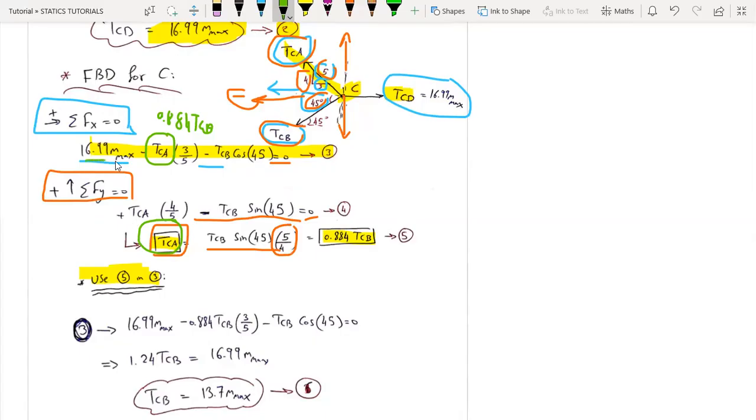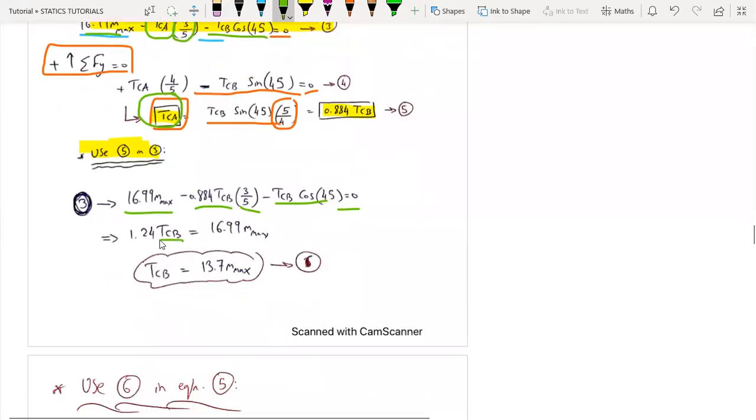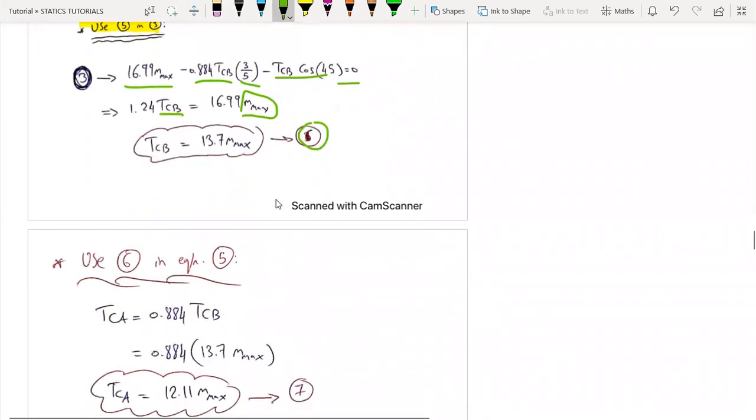So we have 16.99 M maximum minus 0.884 TCB multiplied by this ratio 3 over 5 minus TCB cosine 45 equals 0. So here we can note TCB will be only in terms of M maximum.